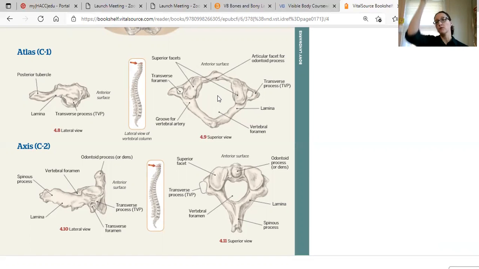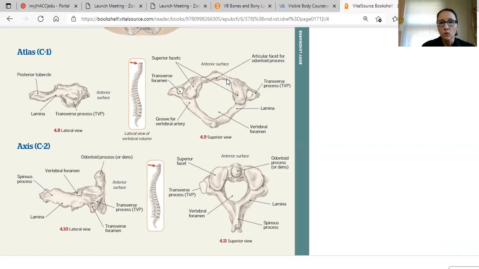You have a vertebral foramen all the way down the entire vertebrae because you have the spinal cord pretty much the entire way down the vertebrae as well. Not the whole way, but almost. Okay. Now you have your transverse processes that extend off either side of the vertebrae, and you have your spinous process that extends on the posterior side of the vertebrae. Okay.